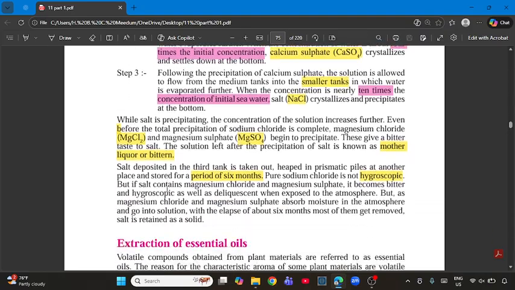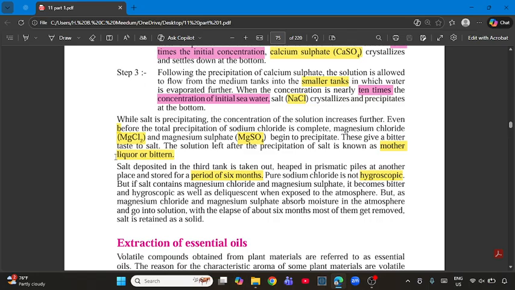While salt is precipitating, the concentration of the solution increases further, even before the total precipitation of sodium chloride is complete. Before sodium chloride completely precipitates, what happens?